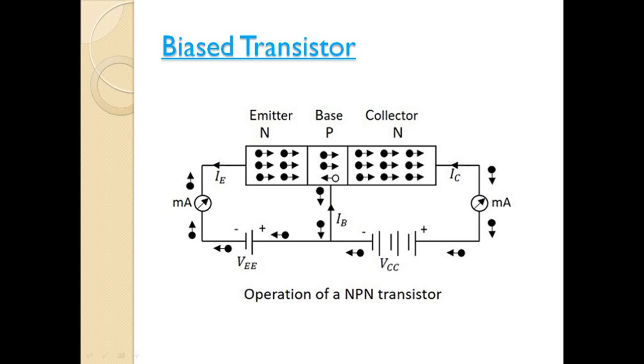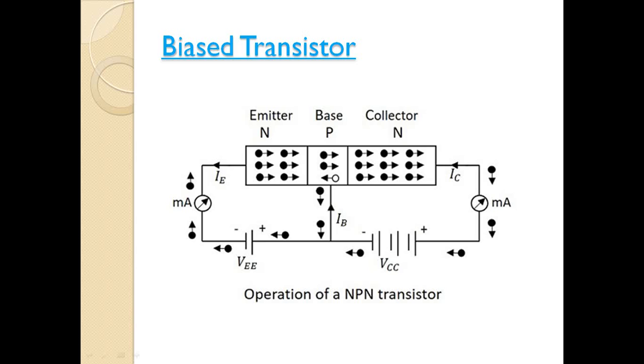When positive is applied to the N region, it means it is reverse biased. So the application of these external DC voltages to the emitter and collector regions gives four regions: saturation, forward active, cutoff, and inverse active.